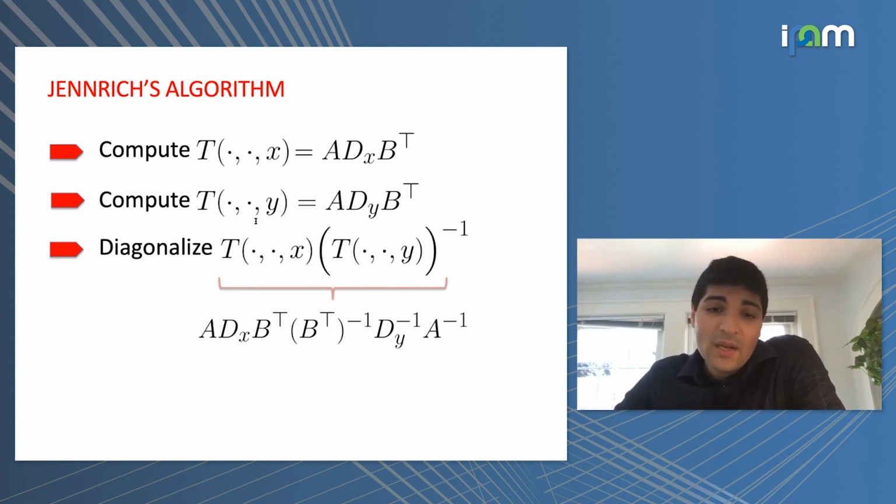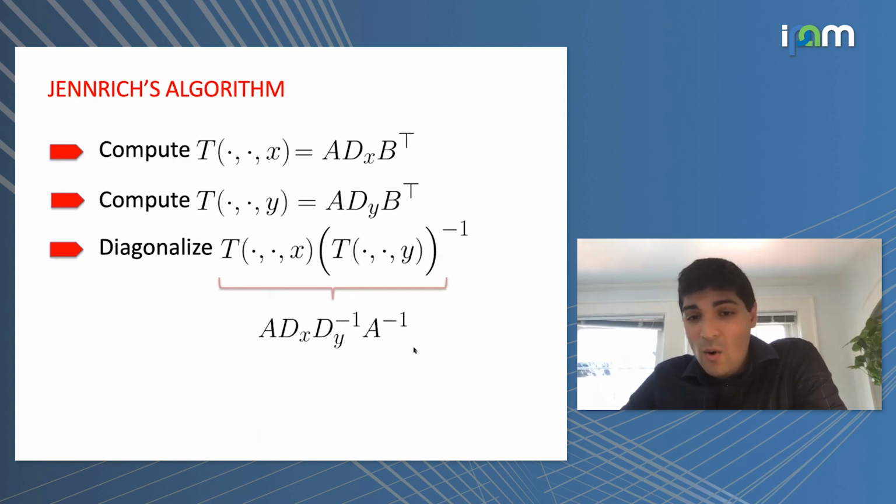Well, when I take T_x times T_y inverse, even though I don't know the A matrix, the D_x matrix, the B, and the D_y, I can algebraically figure out what it looks like. And now things become nice because the B transpose and the B transpose inverse go away. And I get A times D_x times D_y inverse times A inverse.